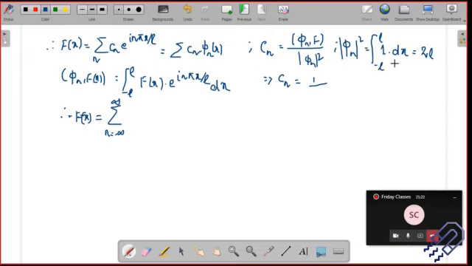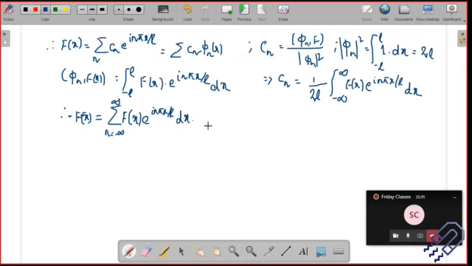Phi n square is 2l, so it will be 1 divided by 2l times the integration of f(x) e to the power i n pi x divided by l. This is the term that we have, right? So f(x) can be written in that way, f of x and then e to the power i n pi x divided by l into dx.